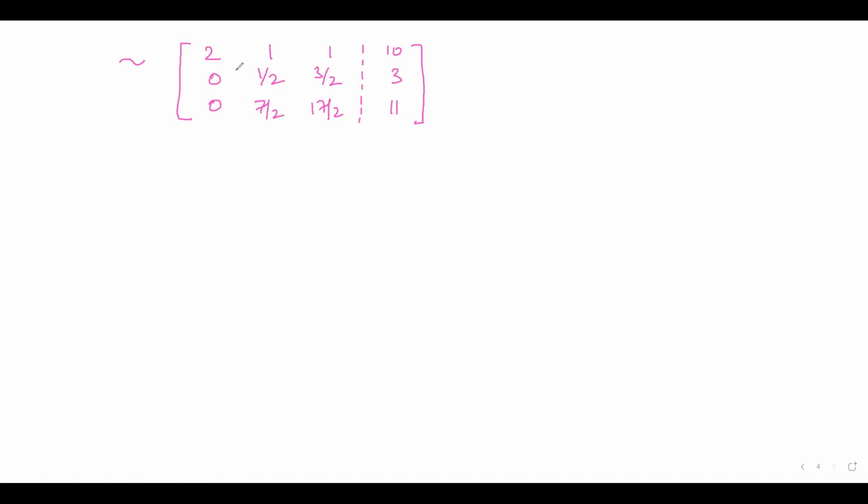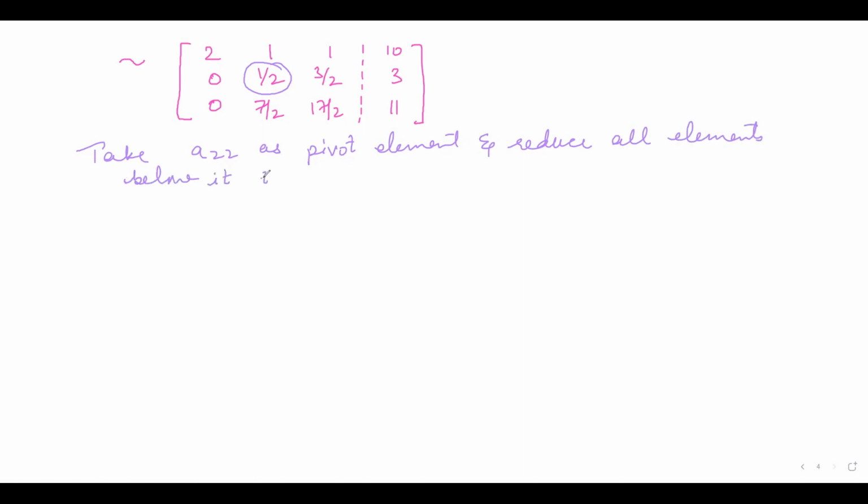I will take the pivot element as A22. So always remember, whenever you are taking the pivot element, you need to encircle that so that it is very easy for you to understand. So now take A22 as the pivot element and reduce all the elements below it to 0.